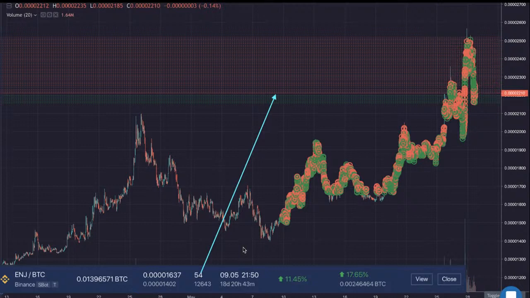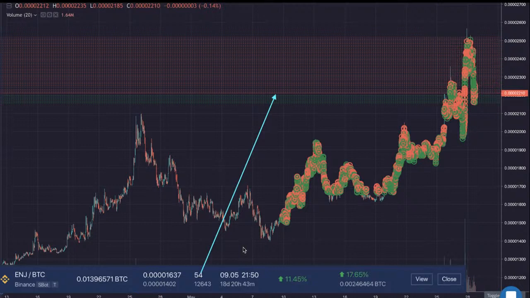As you can see, it has managed to execute in total 12,000 trades only within a period of 18 days. So it has managed to seize in total 12,000 price swings that occurred during this period of time.